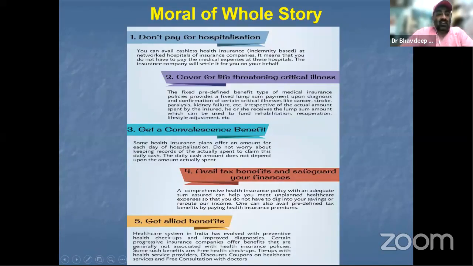Of course, Section 80D comes to the fore, and get allied benefits, free discounts, free health checkups, tie-ups with service providers. And when you have a policy from a company, the company keeps on organizing such things as a part of its CSR also, and as a part of its promotion also, so that more and more people are excited to pick up their policies. They don't just rely on word of mouth.